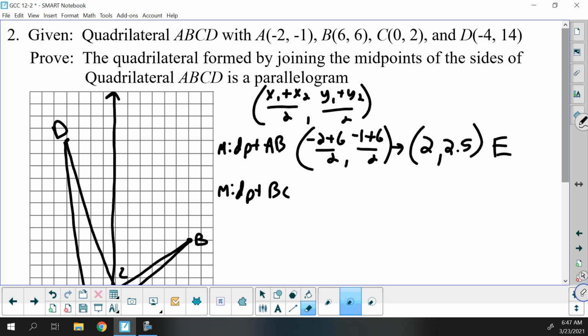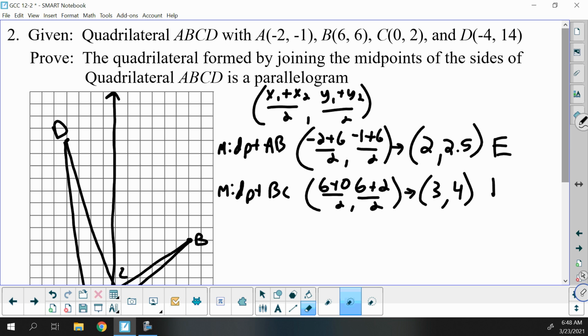So next we'll do the midpoint for BC. So we'll have 6 plus 0 over 2, comma 6 plus 2 over 2. 6 plus 0 is 6. 6 divided by 2 is 3. 6 plus 2 is 8. 8 divided by 2 is 4.